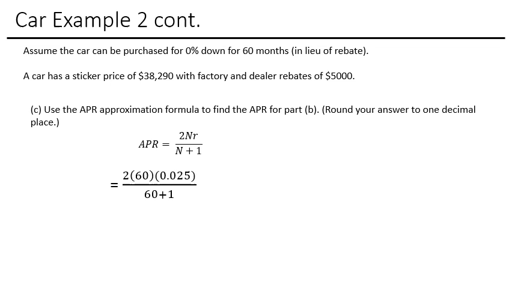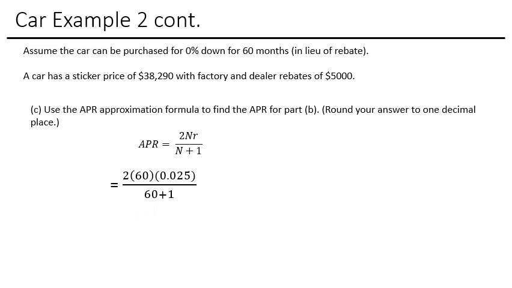You have N is equal to the total number of payments. R is equal to your rate. Okay, so in this particular example, we had 2 times 60. My rate was 2.5%. And then on the denominator, you put 60 plus 1.